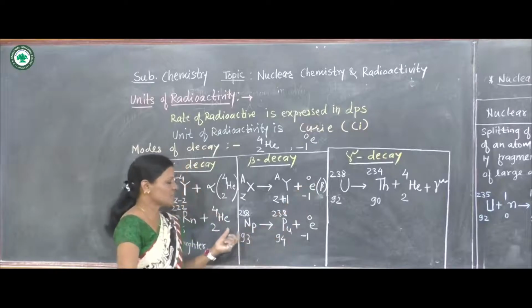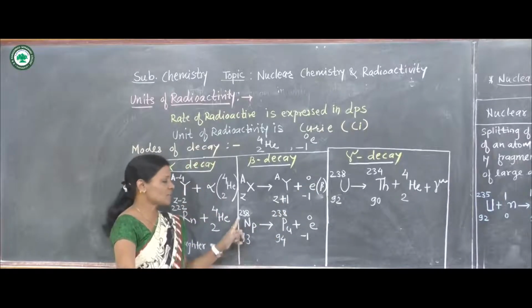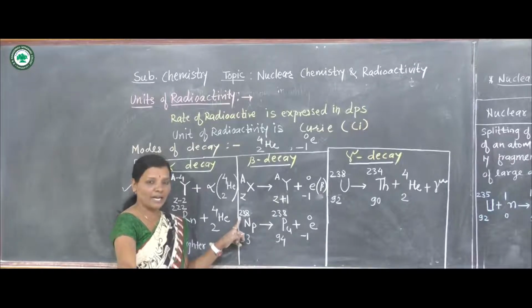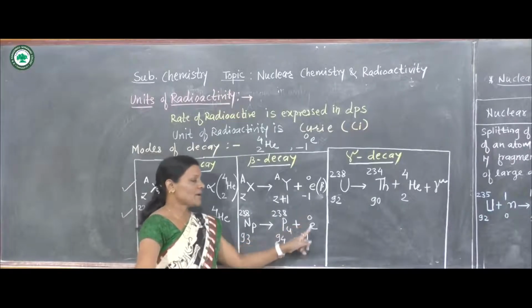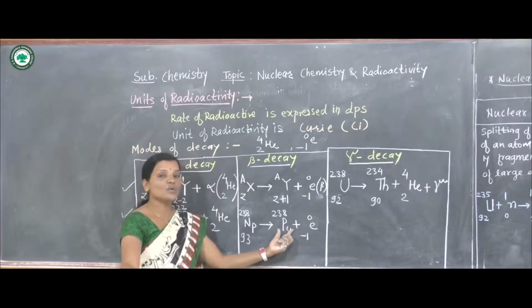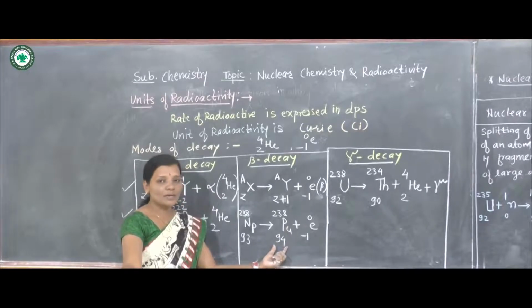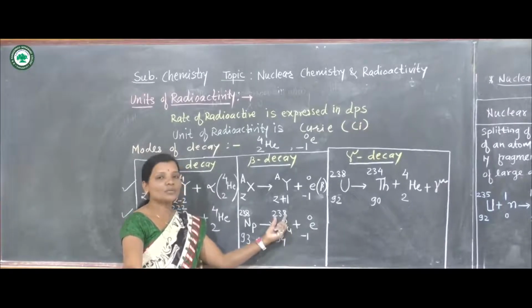For example, consider neptunium, with atomic number 93 and atomic mass 238. When a beta particle, -1E0, is emitted, the new daughter element is found to be plutonium, with atomic number 94 and mass number 238.